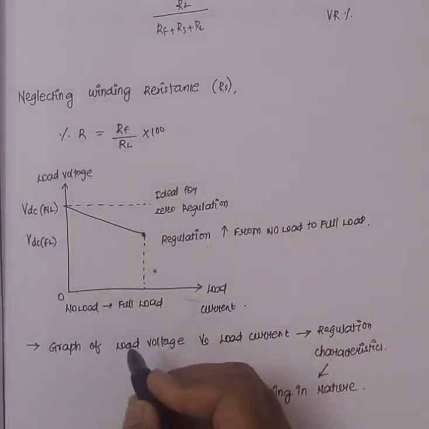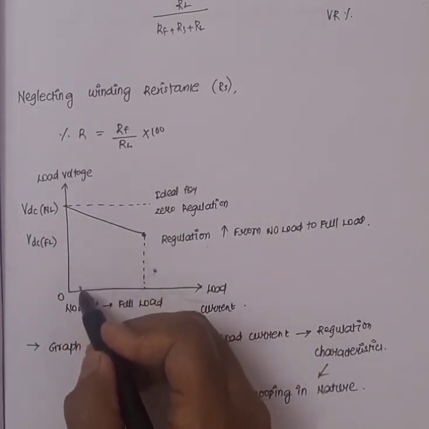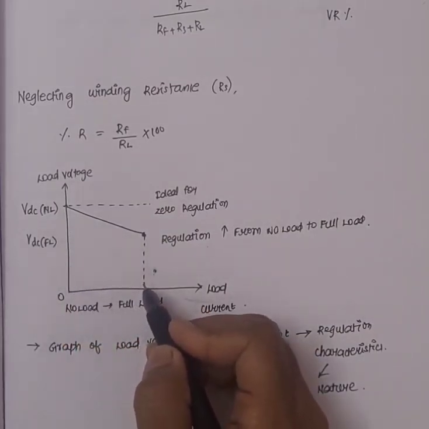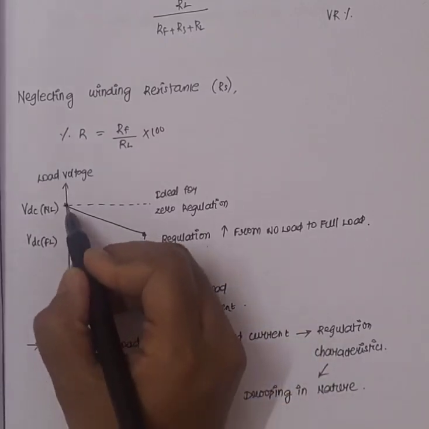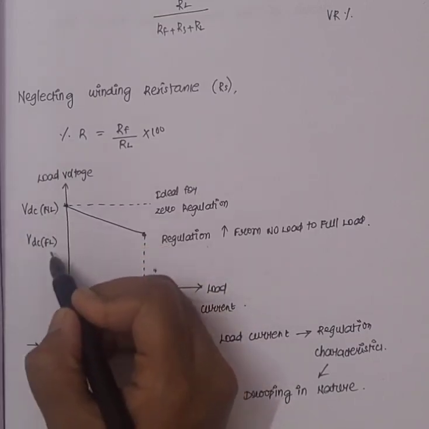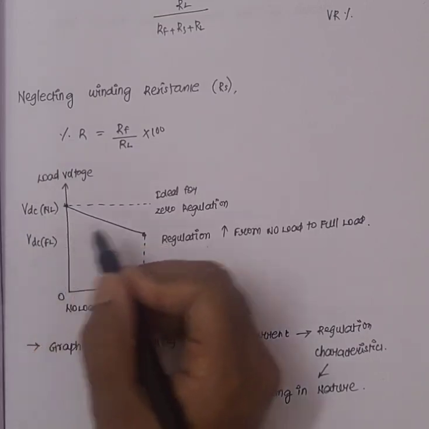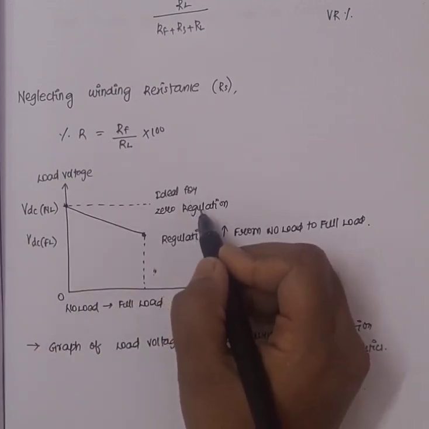Now we can draw a graph between load current and load voltage. We will get the graph in this particular way, that is a drooping characteristic. Here this point refers to VDC under no load condition, and this point refers to VDC under full load condition. Ideally it is zero regulation, which is practically not possible.